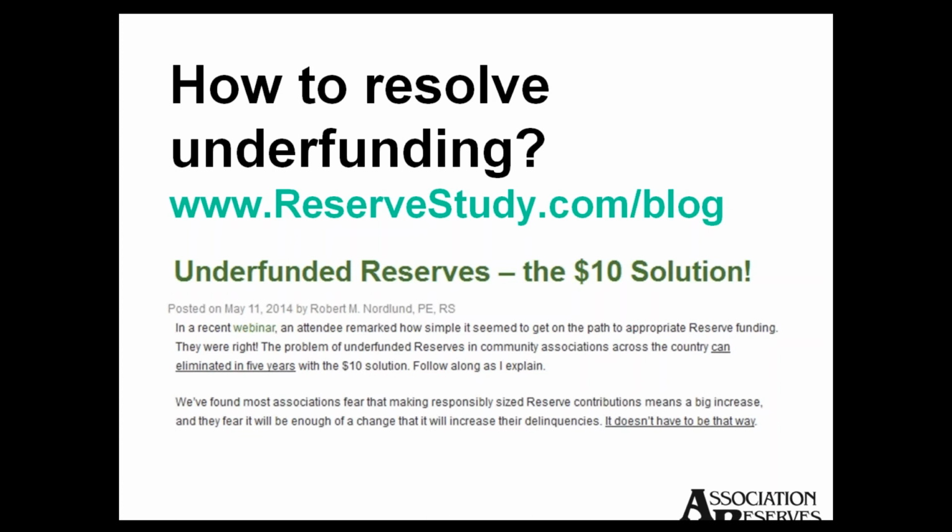Increase your reserve contributions $10 per month per owner this year. Then do it again next year. Then do it again. I think you'll find that in 3, 4, 5 years, most associations can be appropriately funding their reserves. It's a very short healing time to what was likely a very long process of getting to the problem situation that the association currently finds itself in.